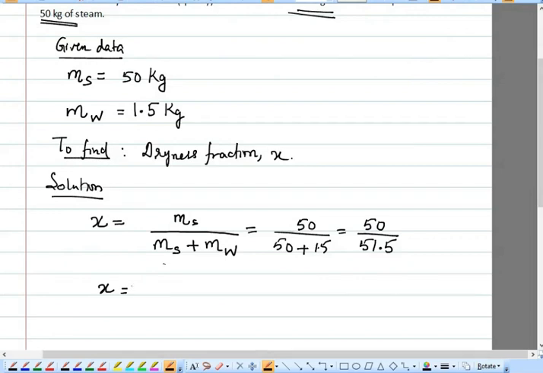If you solve this, you will be getting x is equal to 0.9708 or I can say 0.971. So this is the final result.